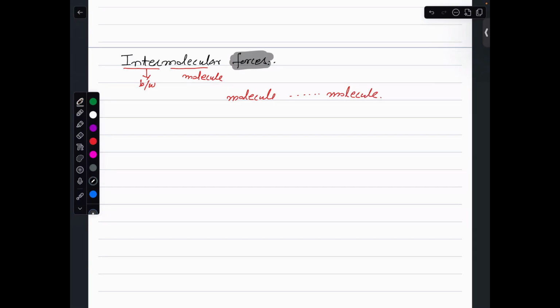These intermolecular forces are of two major types. What are the two types?